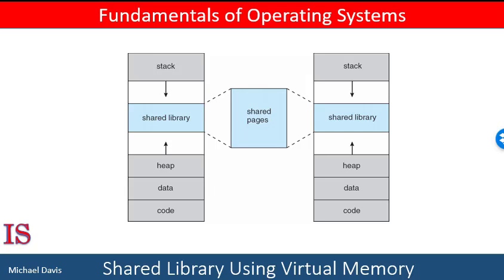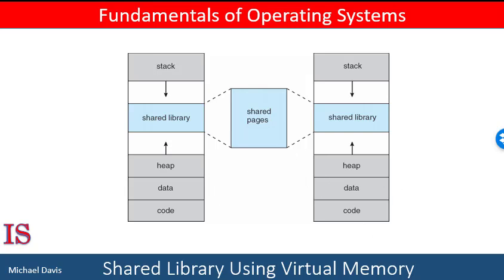System libraries, such as the standard C library, can be shared by several processes through mapping of the shared object in the virtual address space. Although each process considers the libraries to be part of its own address space, the actual pages where the libraries reside in physical memory are shared by all the processes, as you can see here.